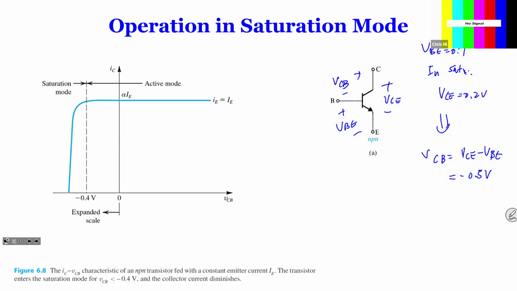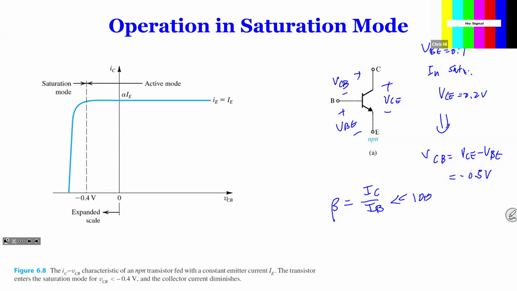The current started to increase much more, or actually much less, I'm sorry. So IC can no longer sustain the amount of current, or in other words, IB will start to increase. So beta, in this case IC over IB, is going to be much less than 100 when it goes to saturation.